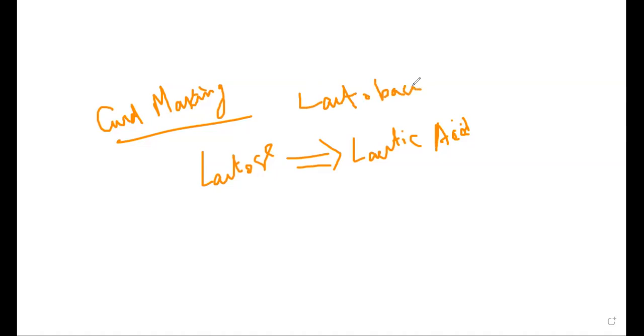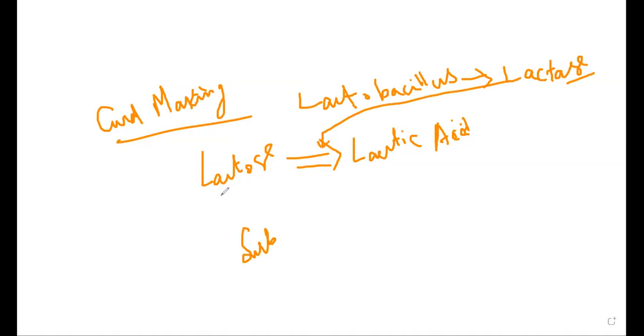The lactobacillus produces one of the enzymes called lactase. So lactase is an enzyme. The lactose is the substrate. Here the substrate is lactose, and the lactase is the enzyme that acts upon it. So the lactose is converted into lactic acid. So it is commercially oriented.